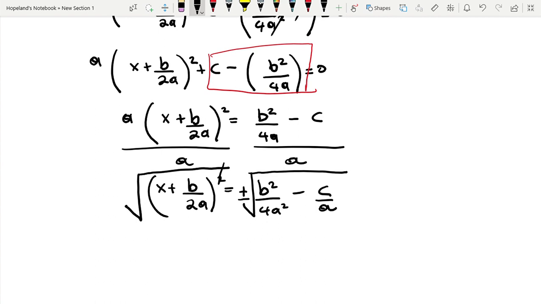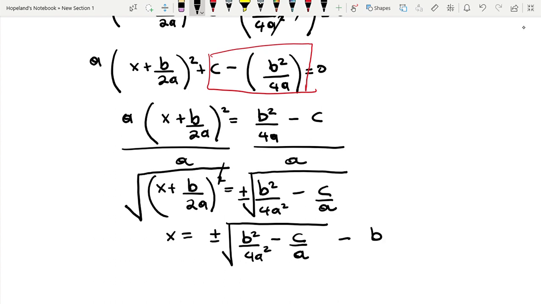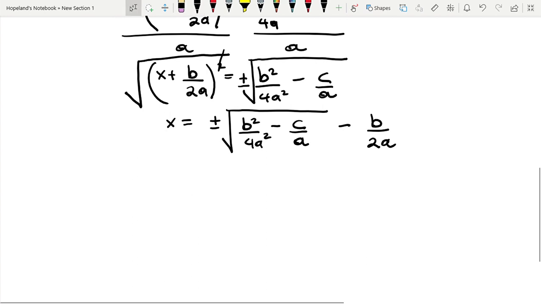Then you have x is equal to plus or minus the square root of b squared over 4a squared minus c over a, minus b over 2a. Once you're done doing that, you'll have x equals plus or minus.